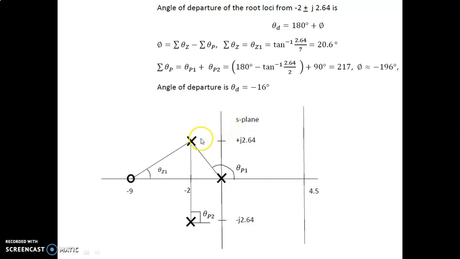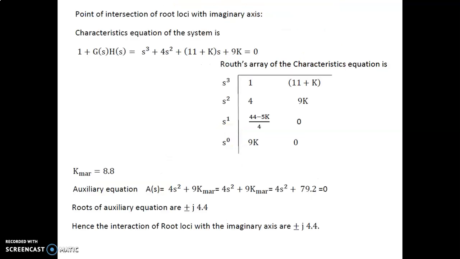Since it is crossing the imaginary axis, we are supposed to find the point of intersection of the root loci with the imaginary axis. That can be found by writing the characteristic equation and constructing the roots array. This is the characteristic equation for the given problem. Upon solving the roots array, it is found that k margin, the value of k for the system to be marginally stable, comes out to be 8.8.